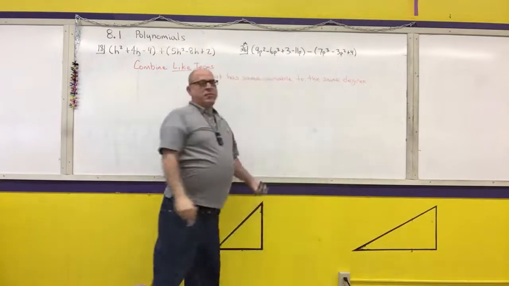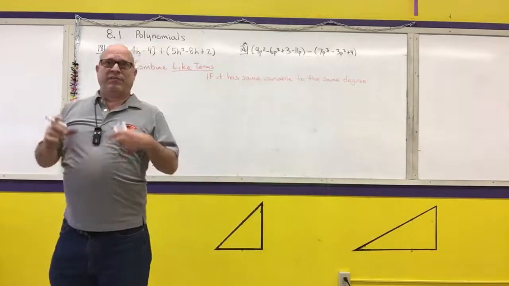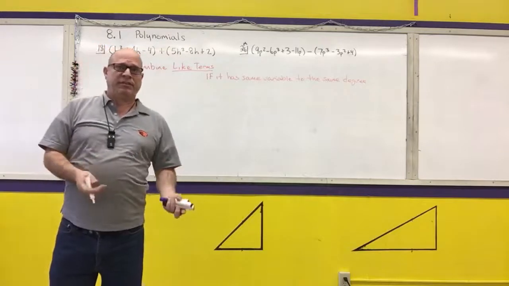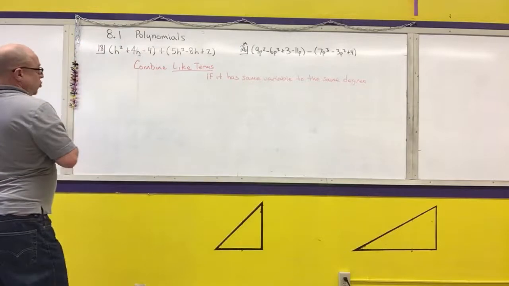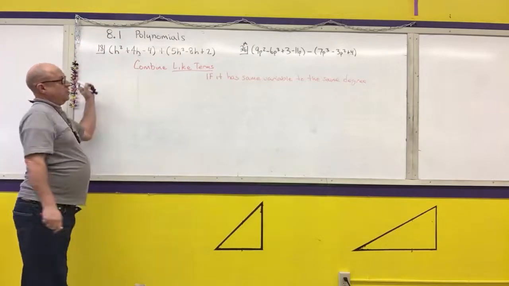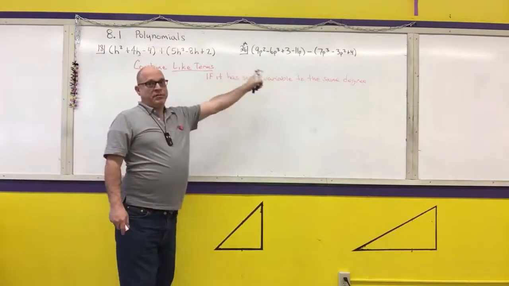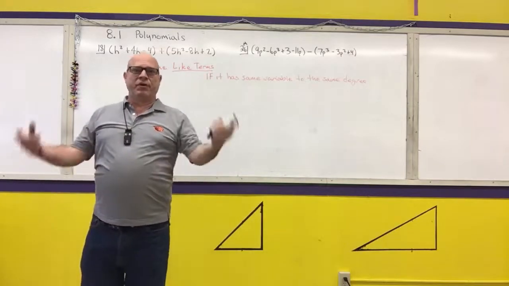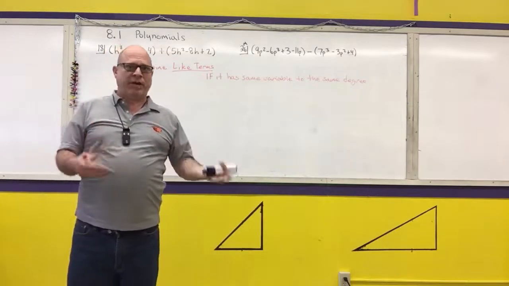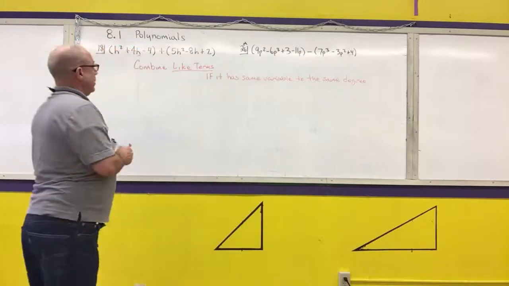So what we're going to do is we're going to come up with the monomials. We're going to find the ones that have the same variables to the same degrees, and then we are going to combine them. There are 2 ways to do this. One is going to be the horizontal method, which I'm going to do both of these problems using the horizontal method. Then the second method is to use the vertical method, which lines up just like regular addition and subtraction.